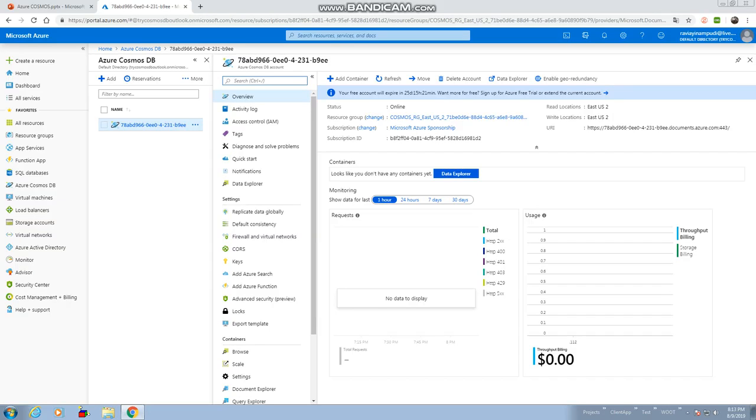In this session, we'll be discussing Microsoft Azure's data centers which are distributed across the globe, how we configure multiple write regions and read regions, and how we set their consistency levels.